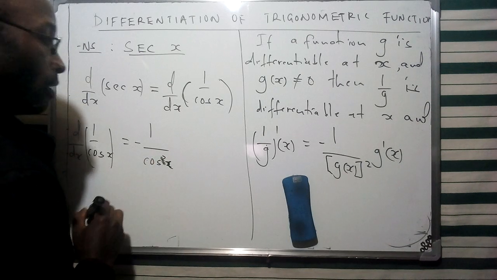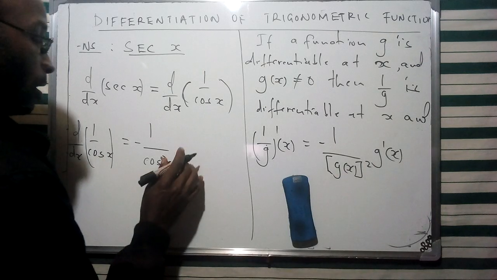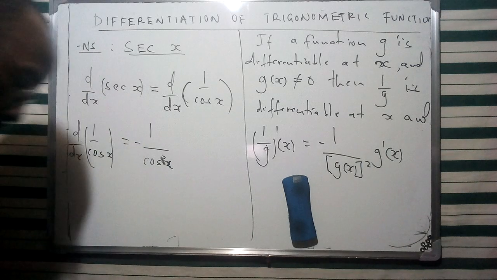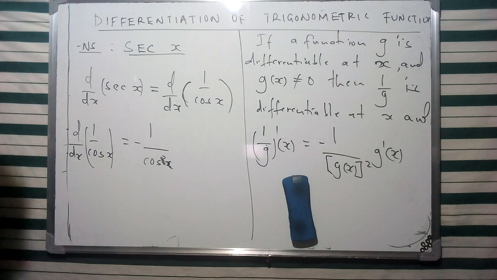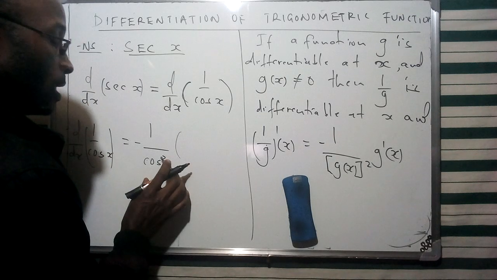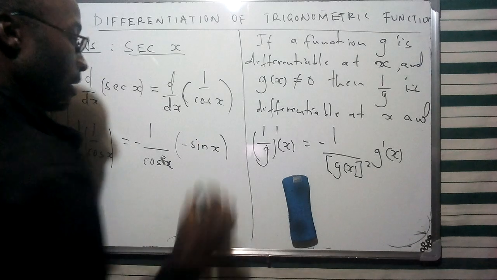Then we're going to have g prime of x, which is the derivative of the cosine, which is negative sine of x.